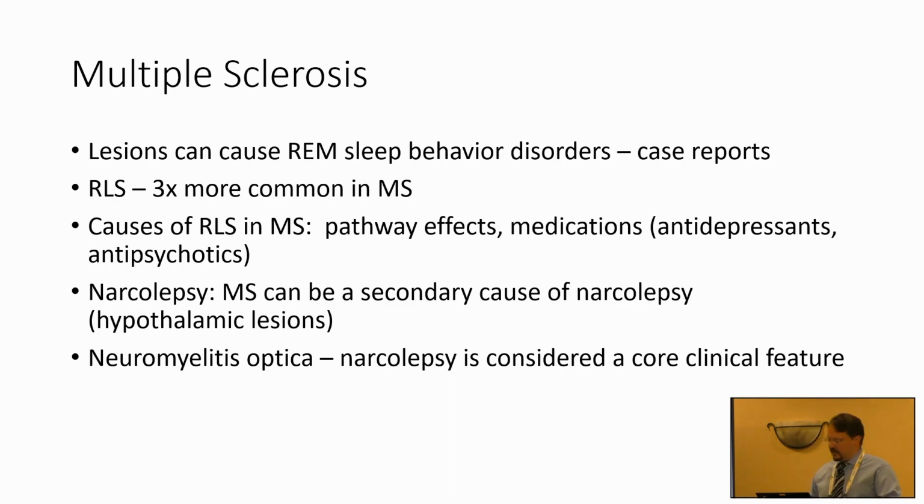And a related condition called neuromyelitis optica, or NMO, is a demyelinating illness that in particular affects the optic nerve and the spinal cord, and has this largely interesting sparing of the brain and brainstem higher centers.